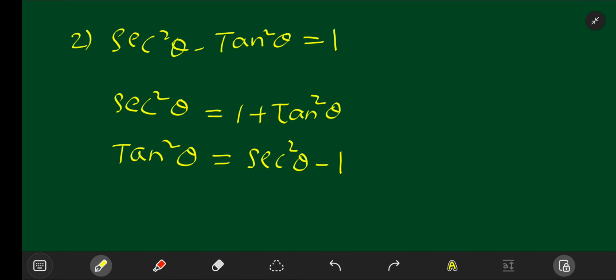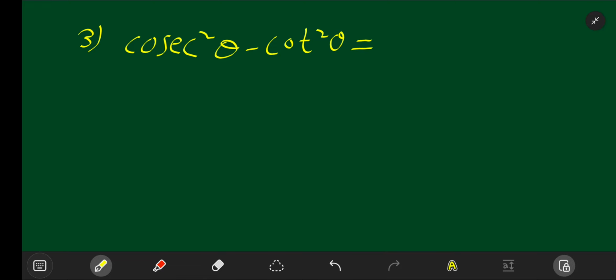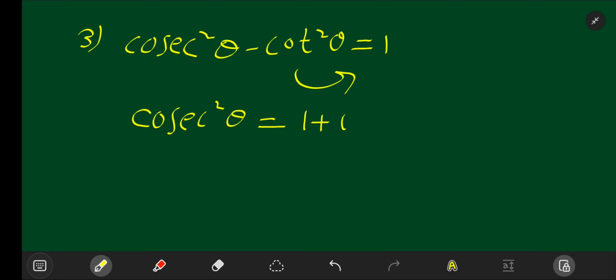Next, third identity. Third identity is cosec square theta minus cot square theta is equal to 1. Send cot square theta to the right hand side: cosec square theta is equal to 1 plus cot square theta.